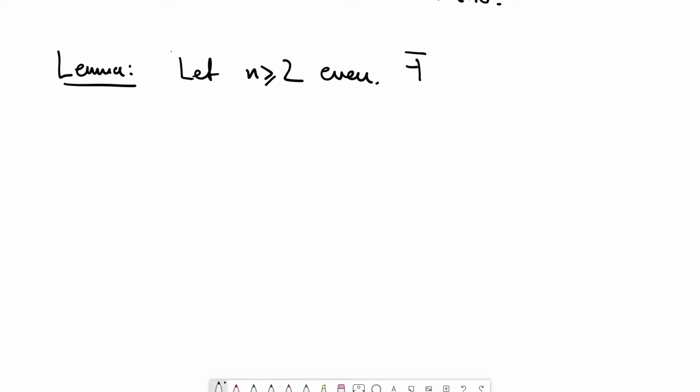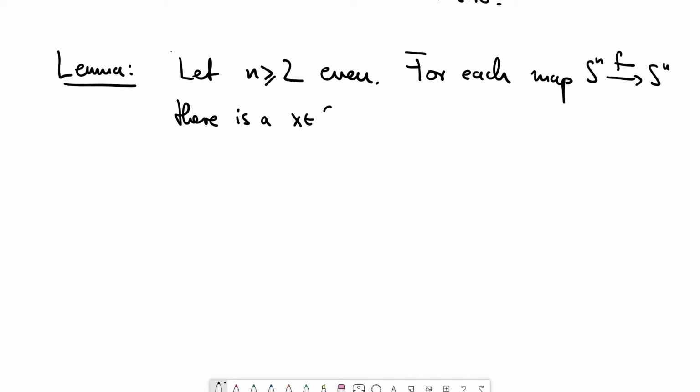And for each self-map of Sn to Sn, there is a point in the sphere such that f(x) is either x or minus x, the antipodal point.